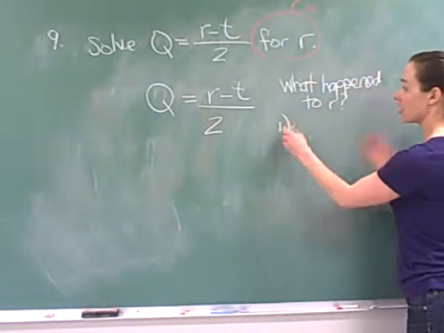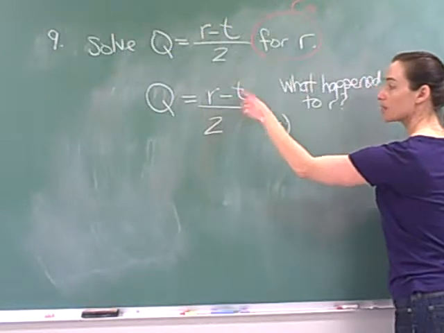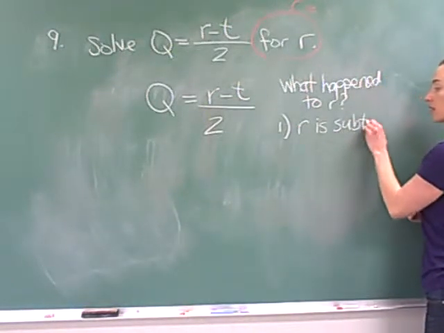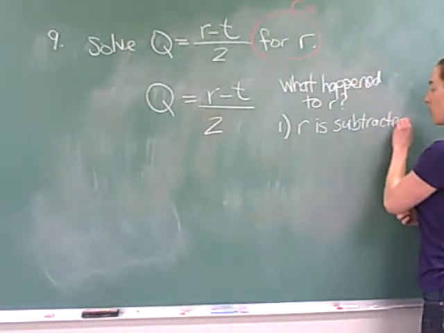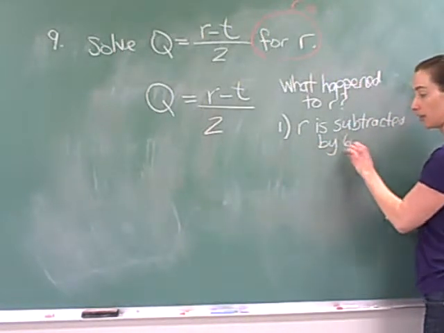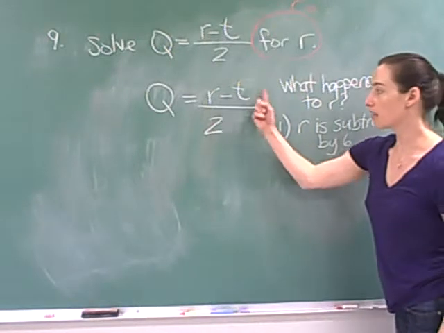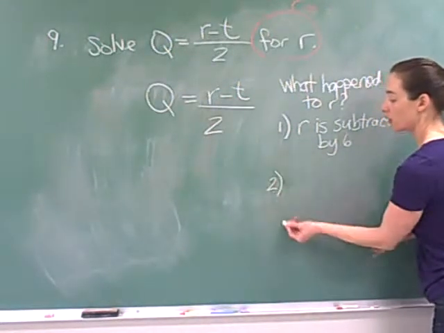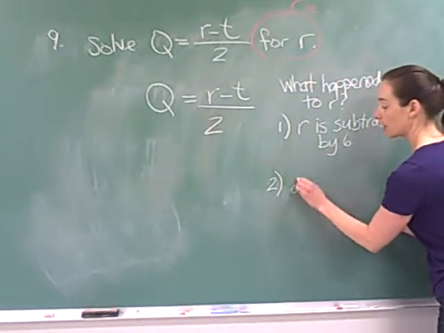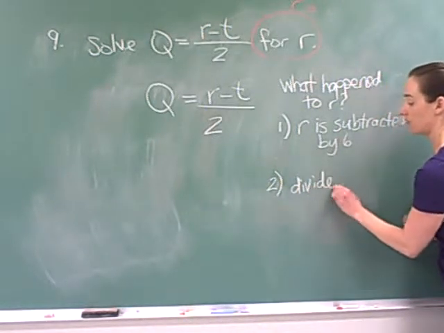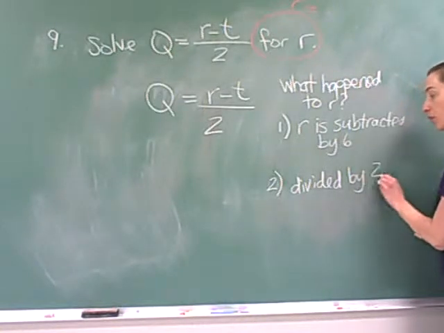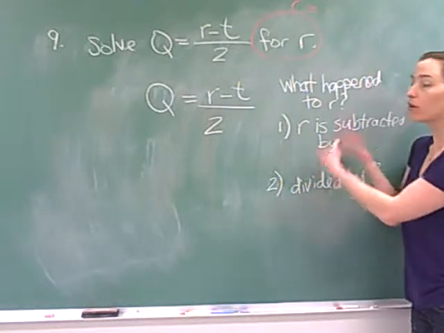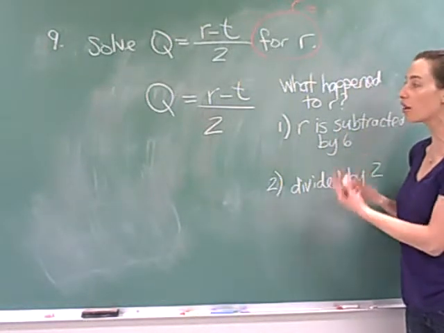So the first thing that happened to R is it's being subtracted by T. And then after that subtraction takes place, that whole quantity is going to be divided by 2. So to figure out what R is equivalent to, we're just going to undo all these operations. We're going to reverse it. We're going to solve for R.